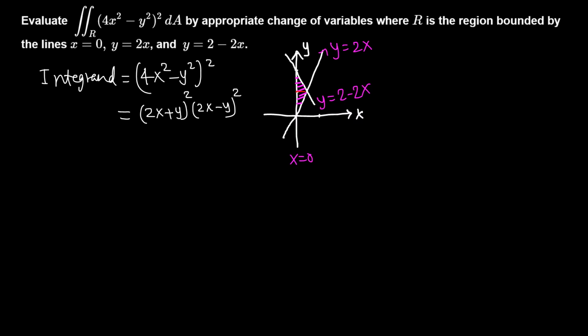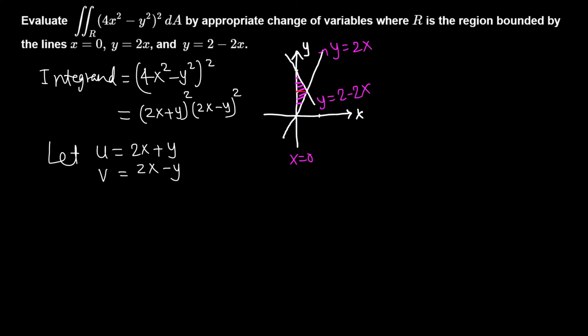So if we let u be 2x plus y, and v be 2x minus y, then this becomes u squared times v squared, and we can easily integrate that. In this way the integrand is just easy, u squared times v squared.